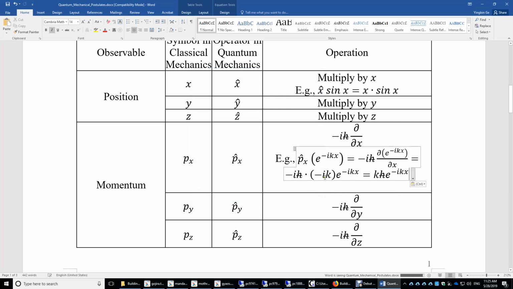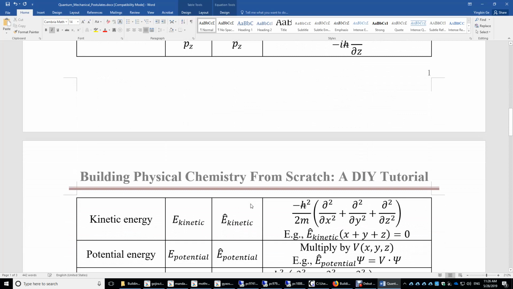How about the momentum in the y direction and z direction? They're similar. Over here it's -i h bar followed by this partial derivative with respect to y. Basically, you just need to take the first derivative of the wave function and then multiply the result by -i h bar. So with the momentum operator, we can derive the kinetic energy operator.